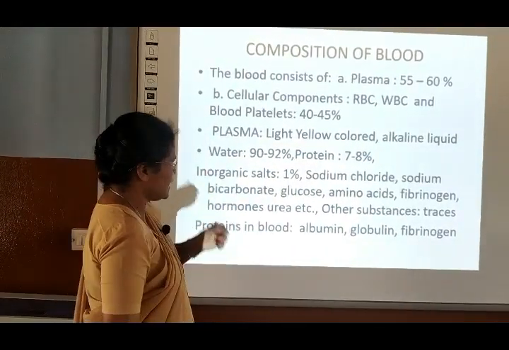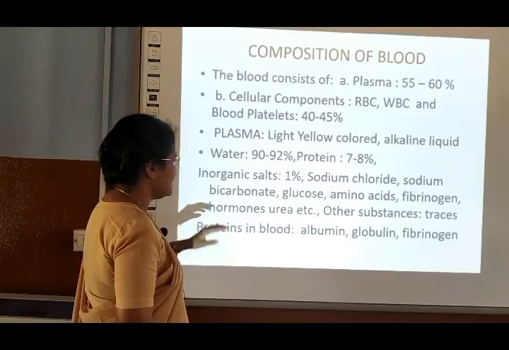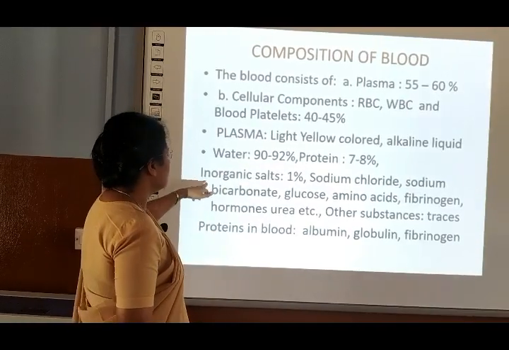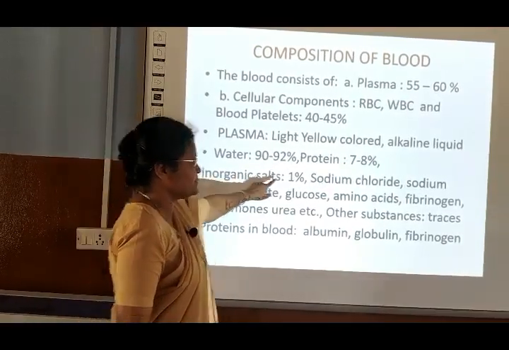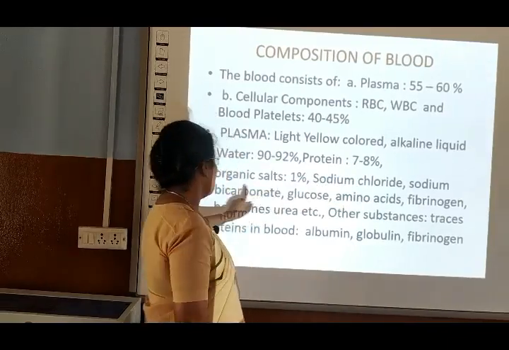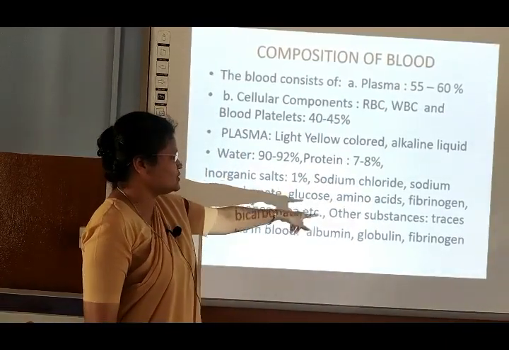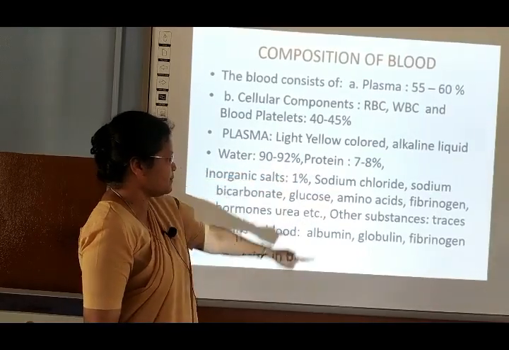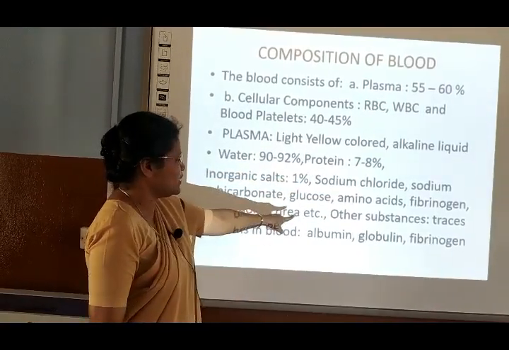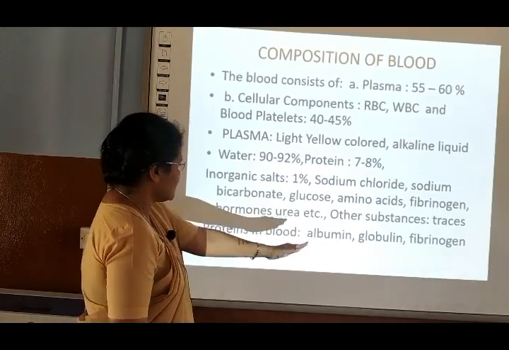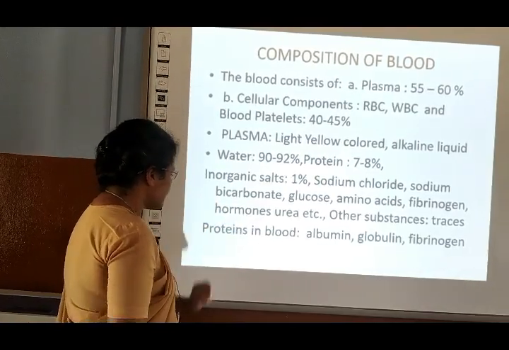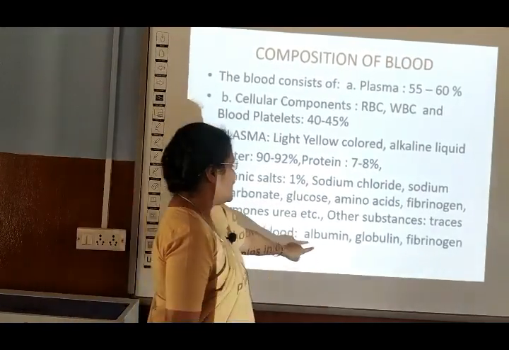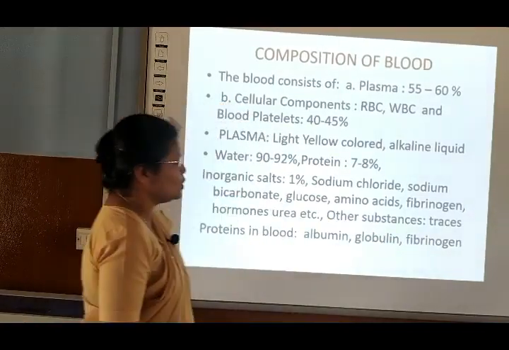I will tell you later the names of the proteins present. Then you have inorganic salts, 1%: sodium chloride, sodium bicarbonate, glucose, amino acids, fibrinogen, which is a protein, hormones, urea, etc., and other substances and traces. Now, the proteins specifically are your albumin, globulin and fibrinogen.